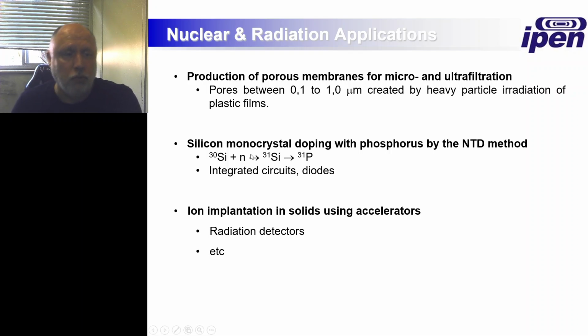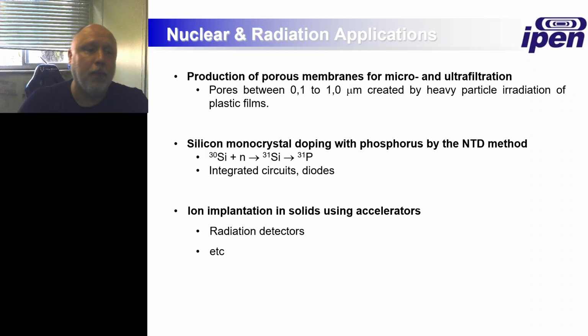The main advantage here is that it's very, very homogeneous, because neutron cross sections are small in general. So the whole body of your crystal will be irradiated with the same flux, essentially. So the amount of phosphorus produced in the whole bulk of the crystal will be the same, right?